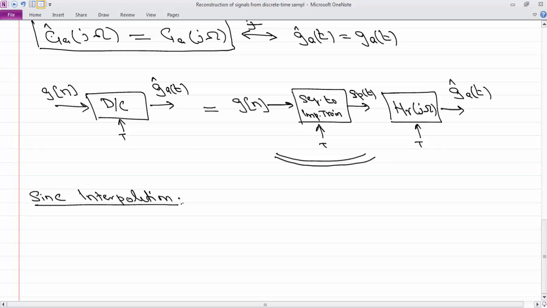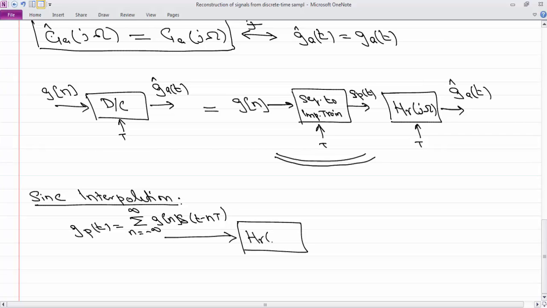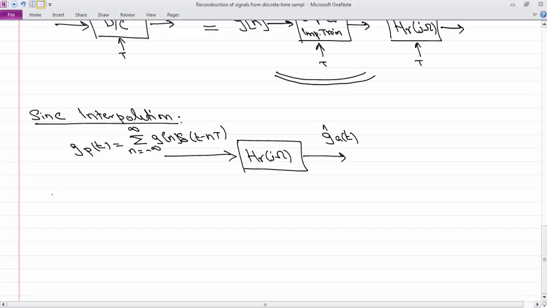So remember what g_P(t) is. g_P(t) is written as the sum over n from minus infinity to infinity, g[n] δ(t minus nT). And then we are low pass filtering it with H_R(jω) to get back ĝ_A(t). Now, H_R(jω).